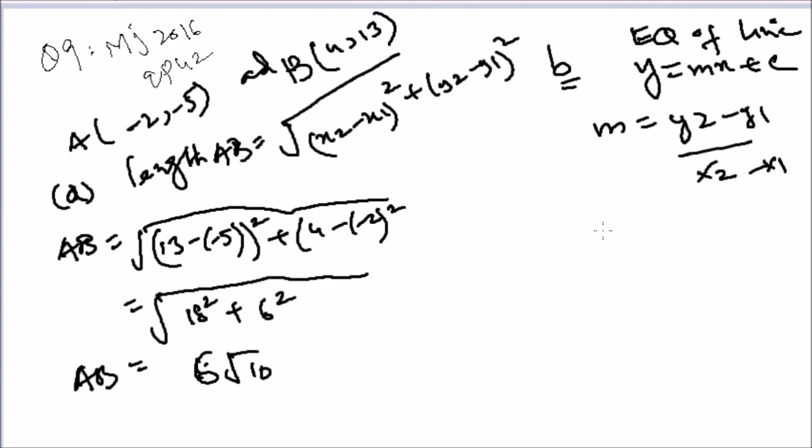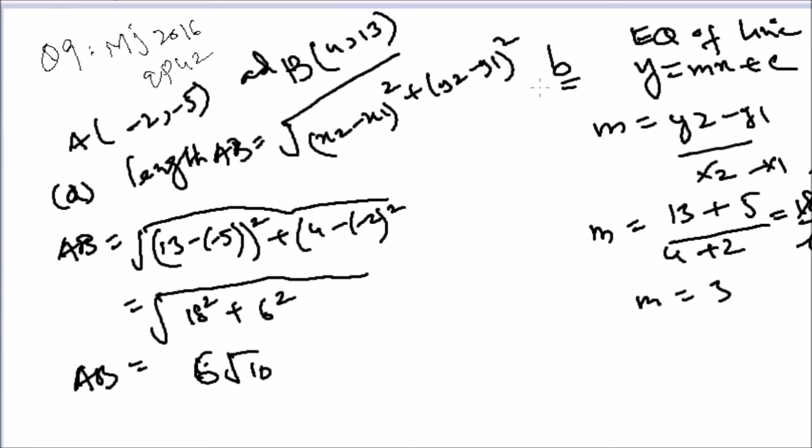Point A and point B are given there. Putting the values in the formula, I'm getting 13 minus 5, which is 13 plus 5... in here 4 minus 2, which is plus 2. So I got 18 over 6, and this is becoming 3, since 6 3s are 18. So I'm getting m here as 3.